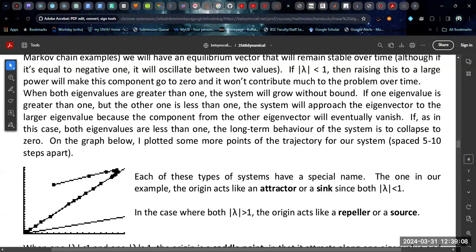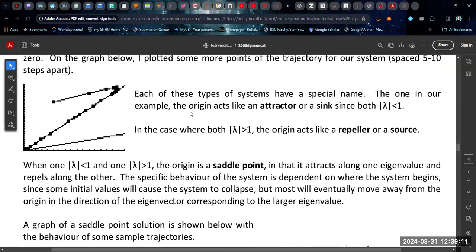Now, each of these examples has a special name. In the example that we were doing, this is called an attractor or a sink. Since both of the lambdas are less than 1, the trajectory will drive the population in both cases to 0. If we have a situation where one lambda is less than 1 in absolute value and the other is greater than 1, then the origin is called a saddle point, because there will be some trajectories that attract to the origin, and then there will be at least one trajectory that repels from the origin, or vice versa.